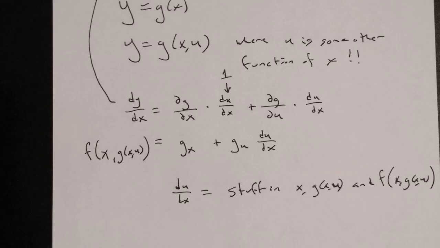But these are all in terms of x and u on this side, right? I know there are two variables there, but I'm really only thinking about u as my y variable. This is a brand new differential equation.